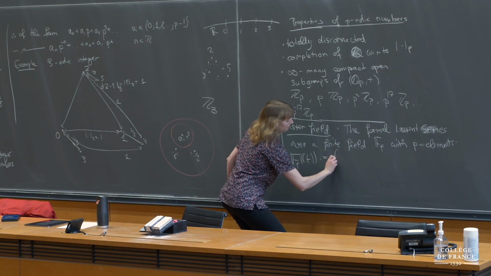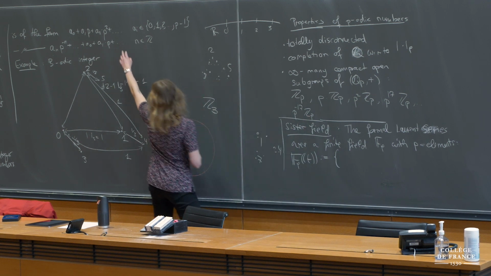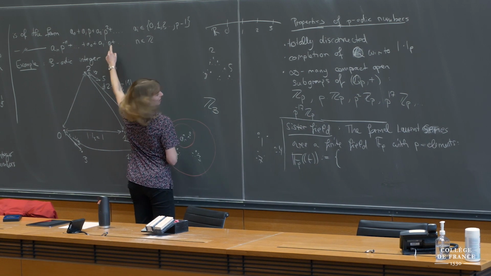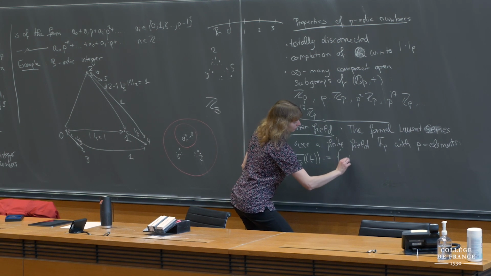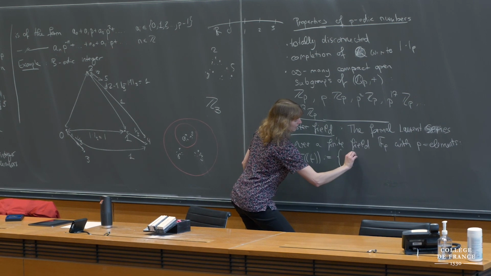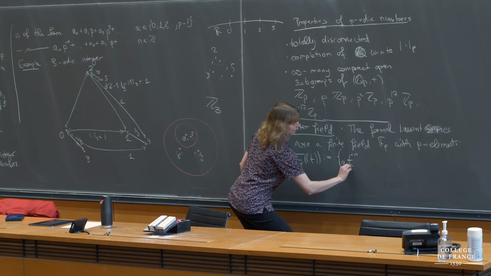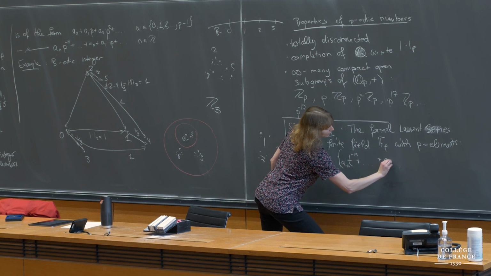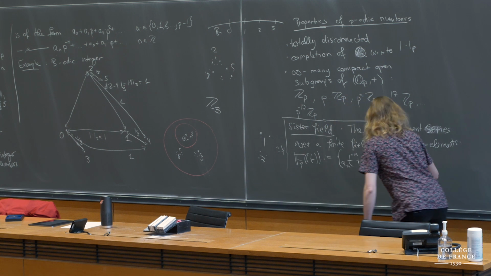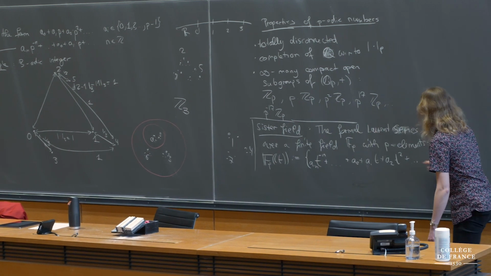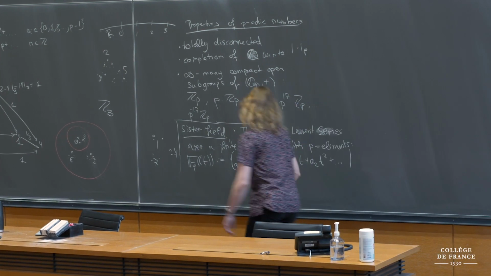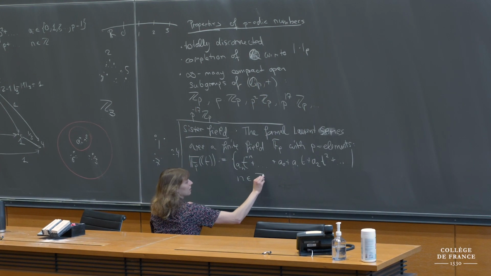And this is just defined to be essentially the same as here, these power series, but now in a formal variable t. So this is just t to the minus n times some coefficient a_{-n} and so on, plus a_0 plus a_1 t plus a_2 t squared. And we are allowed to go off to infinity, again, where n is some integer.